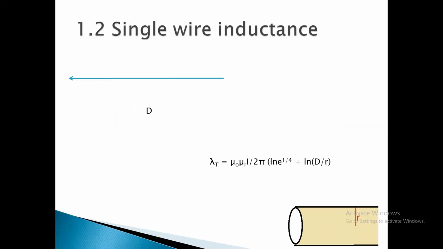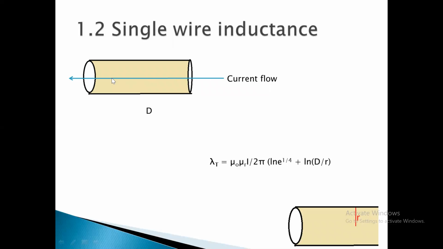First of all, we will study single wire inductance. For example, I have this conductor. This is a microscopic view of the conductor, and this blue line indicates the flow of current through it. It can be any single conductor, because to know about two-phase or three-phase transmission line inductance, we must know about the inductance of a single line.